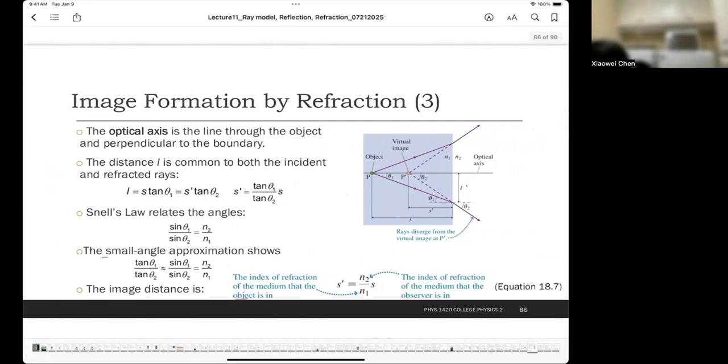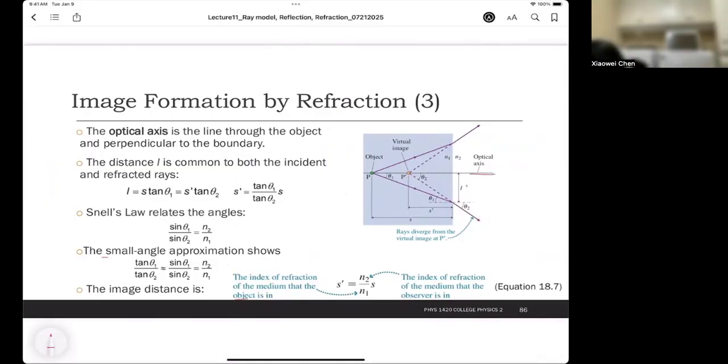Let's do some analysis. This is the optical axis, the line through the object and perpendicular to the boundary. This is the boundary, this is the object P, and this is the virtual image.